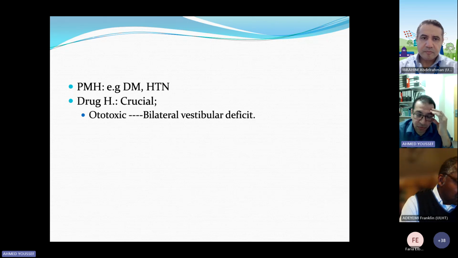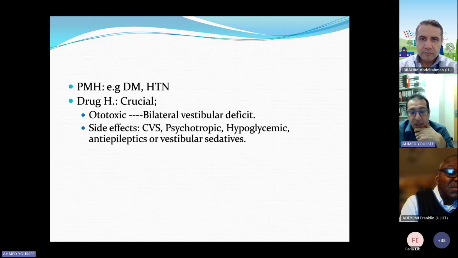For example, if there is ototoxic medication that the patient got exposed to, including aminoglycosides in general, loop diuretics, chemotherapy, they can be responsible for bilateral vestibular deficit. Side effects, most of these, the cardiovascular ones, the psychotropic ones, the hypoglycemics, the antiepileptics, vestibular sedatives, all these can cause dizziness.